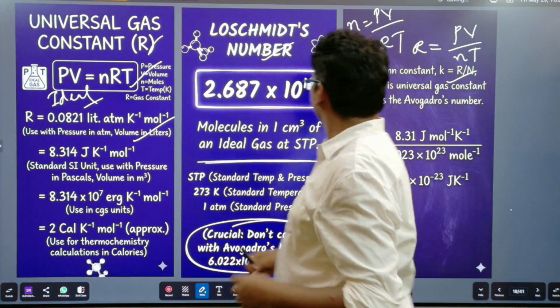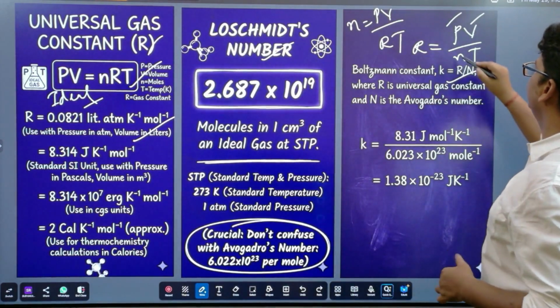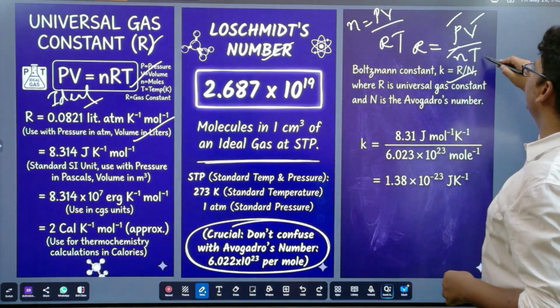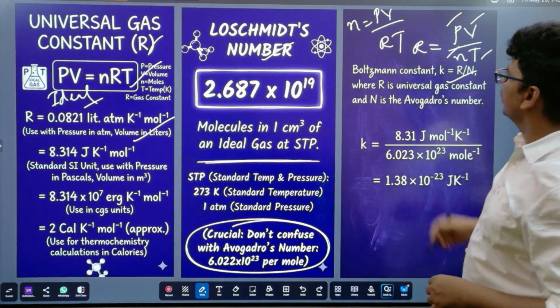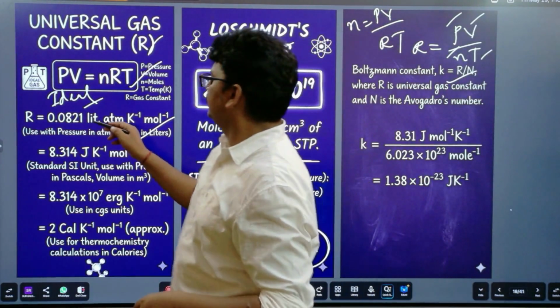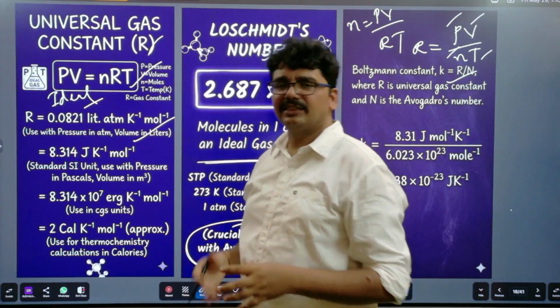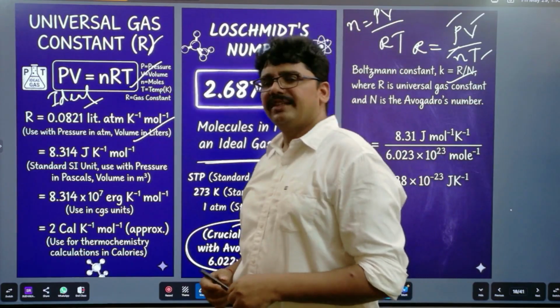In the ideal gas equation, pressure is in atmosphere, volume in liters, amount of substance in moles, and temperature in kelvins, so that we get a constant value. In gas law problems, ideal gas problems, this unit is useful.